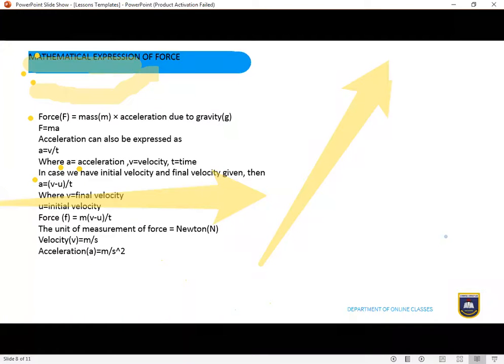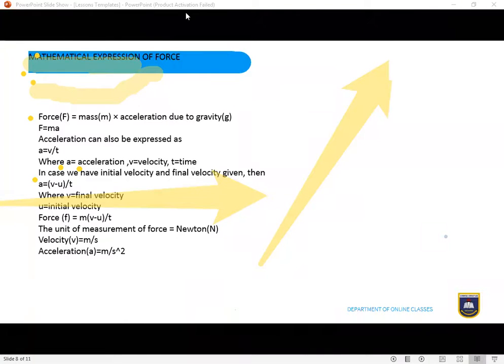You can see it on your screen: V minus U all over T, where V is the final velocity, U is your initial velocity, and T is your time. So if you want to include this in your force formula, force becomes mass times the final velocity minus the initial velocity, all over your time.